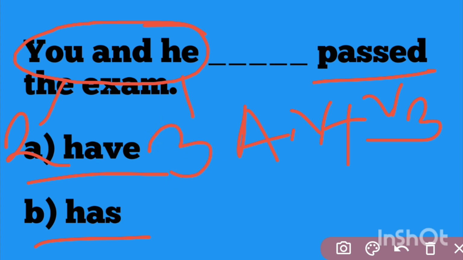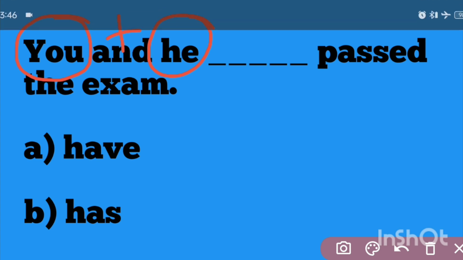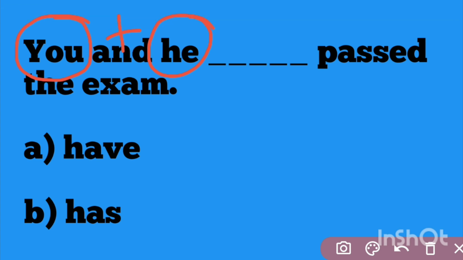Now the concept is that, friends, here you can see, suppose this is one person, this is another person. That means it became plural. There is no such doubt that it became plural.